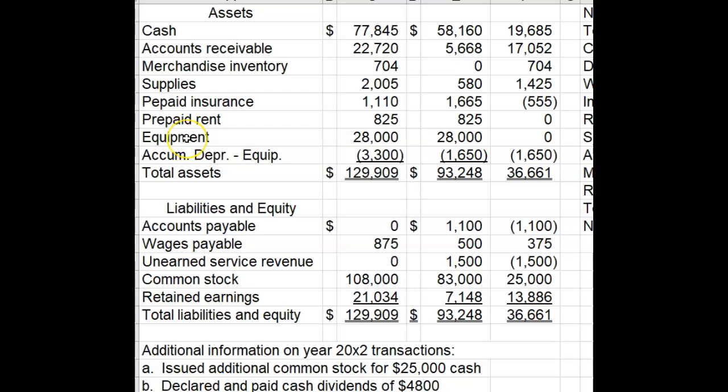However, equipment is a plant asset. As you can see, both the beginning and ending balance of equipment was $28,000. Further, if we look at the additional information provided, there is no mention of the purchase or sale of plant assets.